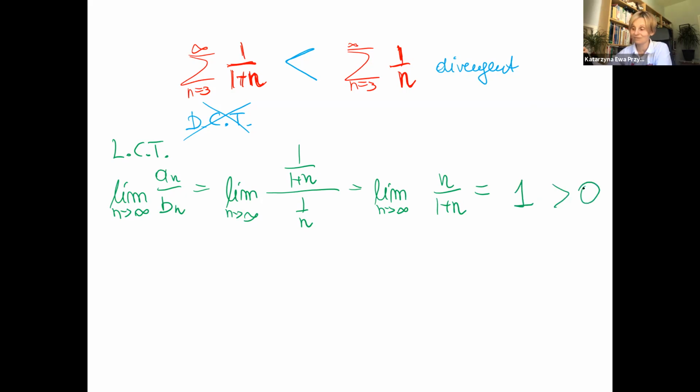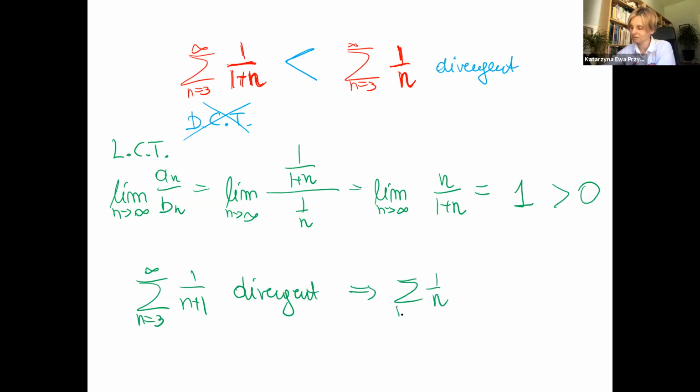A positive number. Then, if the limit is a finite positive number, we can conclude that both of them behave the same. And then now I can say that this infinite series is divergent because the B sub n was divergent.